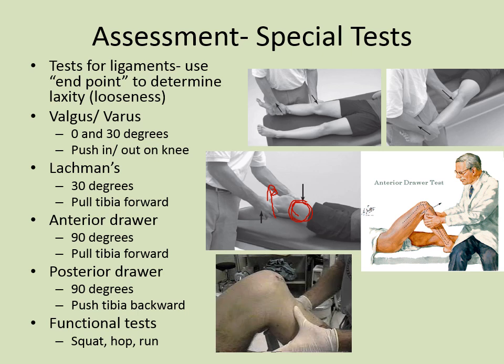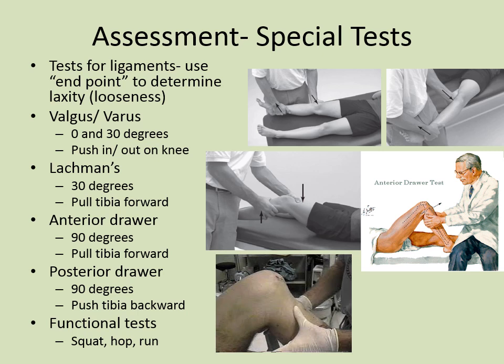So basically that ACL is deep inside the knee, and it's kind of crossing in the middle of the knee. So we're trying to see if we can pull on that ligament to see if we can stretch it out farther than the other side. If we can, that's an indication that there maybe has been some damage to it.